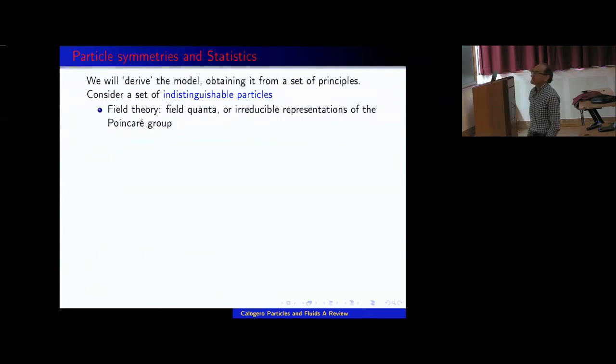That means that this group of permutations becomes almost like a gauge symmetry. The way that we deal with that in field theory, and we believe that the world is described actually by field theory, is to say that particles are field quanta or irreducible representations of the Poincaré group, and therefore they are a priori indistinguishable. When you say that there are two quanta, you don't say which one came first. They both exist there.